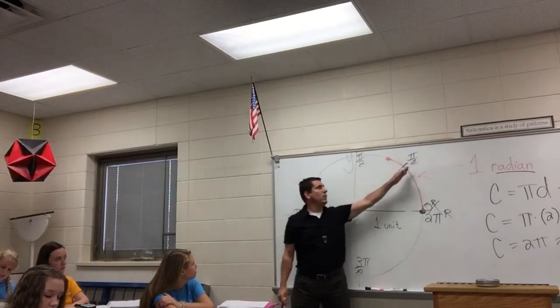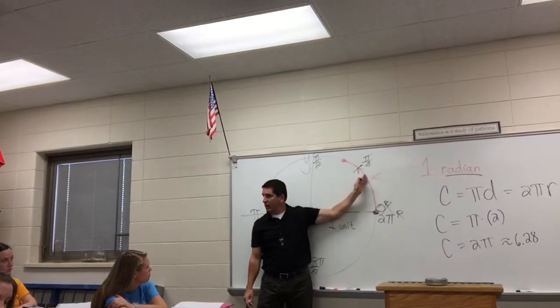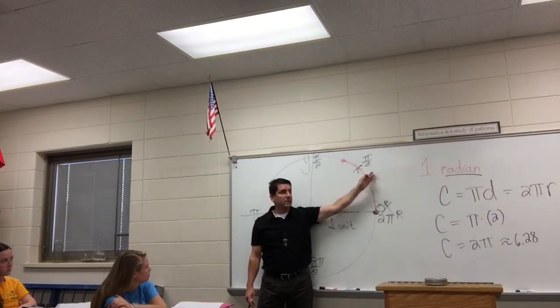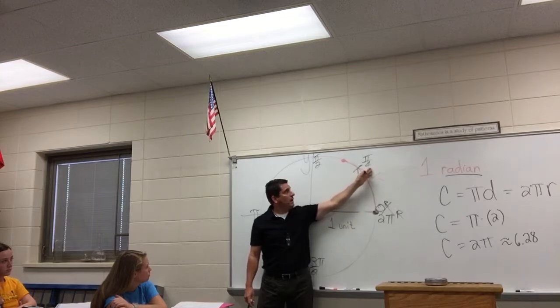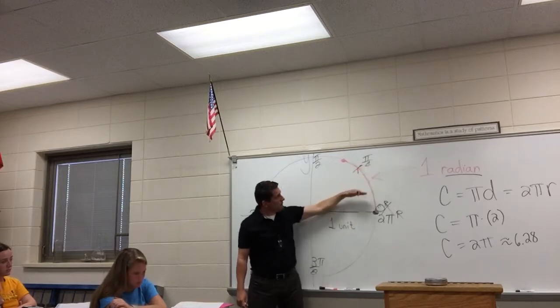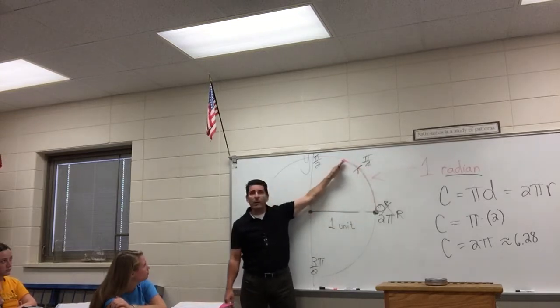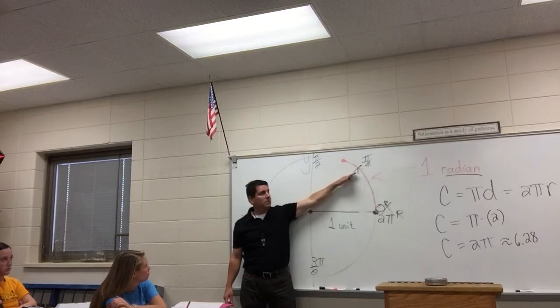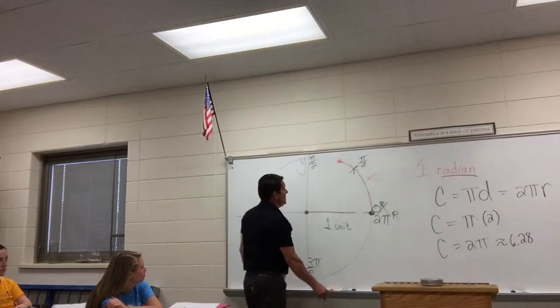Or it's roughly about 0.75 of a radian, right? 3/4 of a radian. That's about 3/4, and that's a whole radian. Okay, let's keep on going.